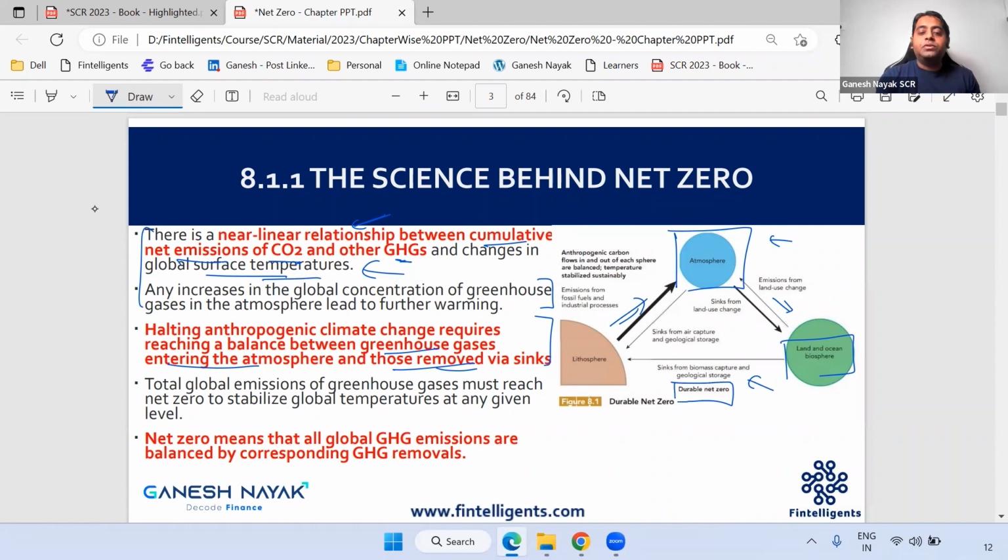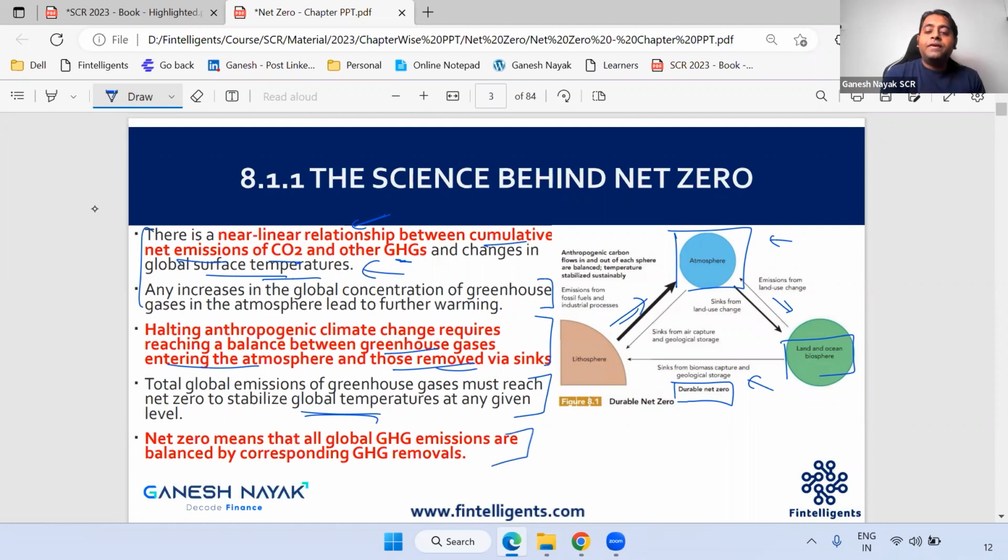So the total emission from the greenhouse effect should be able to stabilize the temperature. That means the way we are emitting, we should also remove some carbon dioxide. The combined effect should be net zero so that the temperature on this planet can be stabilized. That is the intention.